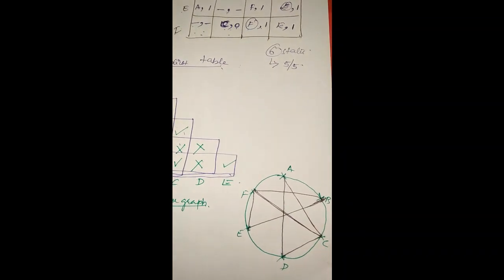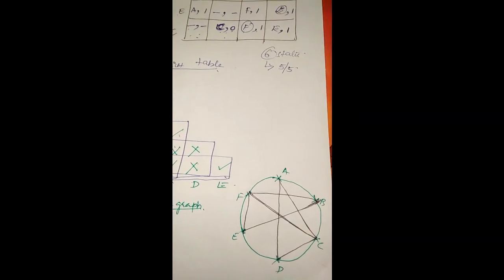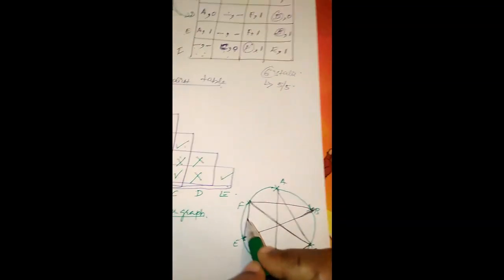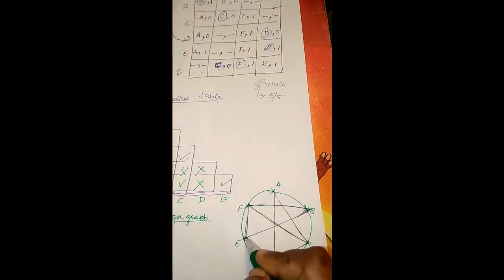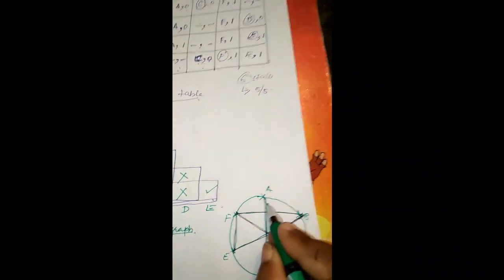Now dear students, see carefully. I can see 2 triangles over here: one is BEF, another triangle is ACD.